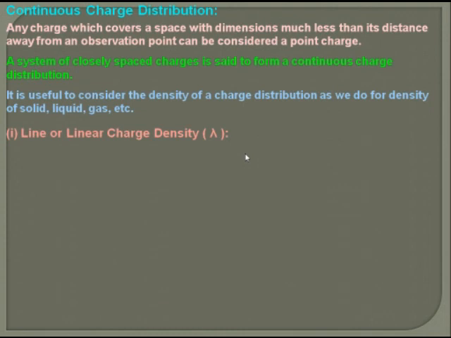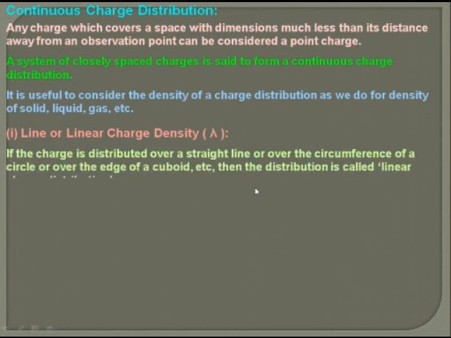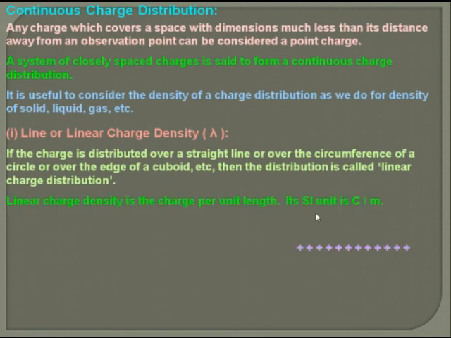So first we have linear or line charge density. It is denoted by the letter lambda. So what is line charge density? Consider that we have a linear object such that its length is infinite and its breadth is 0, and the charge is uniformly distributed over the length.